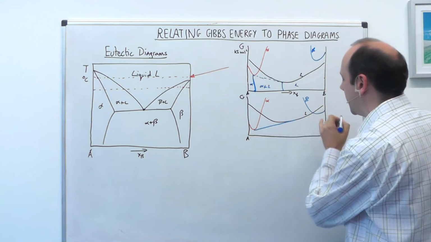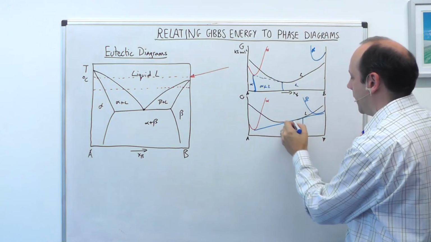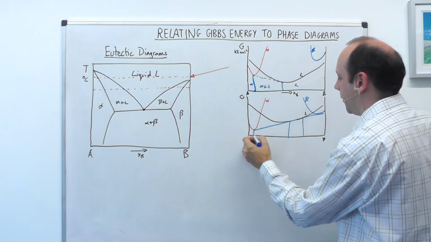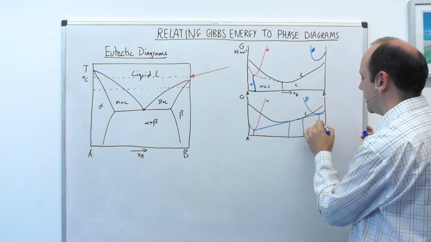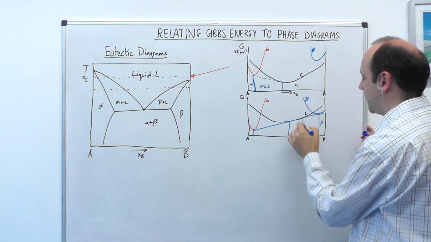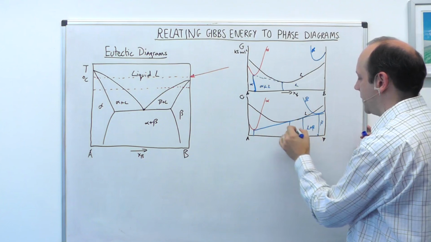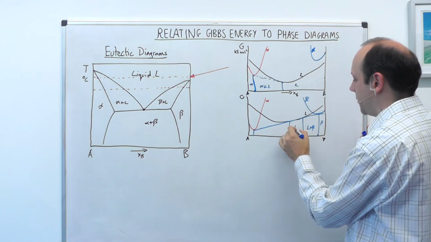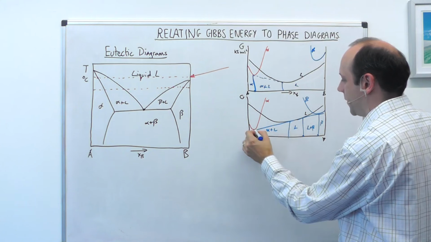So there's a common tangent there. There's a common tangent there. Okay, it's not a particularly great diagram, but you get the idea. So this region over here, beta is the lowest energy. Here I've got a common tangent between there and there. It's my liquid plus beta. Here the liquid is actually the lowest energy phase. Here I'm in my alpha plus liquid. I've got a common tangent between there and there.